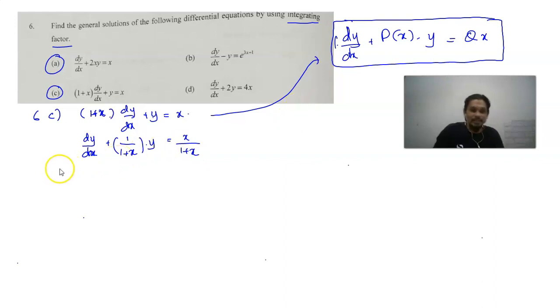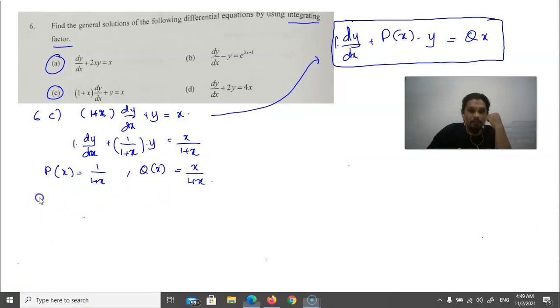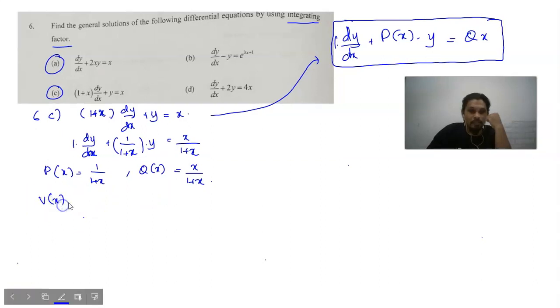Okay, so here the coefficient of dy/dx equals 1 now, so it is already in this form, and P(x) equals 1 divided by 1 plus x, and Q(x) equals x divided by 1 plus x. And V(x) equals e to the power of the integral of 1 over 1 plus x dx.